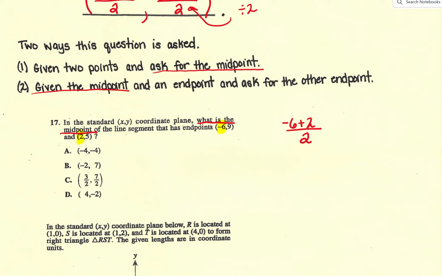And then we're going to take the two y coordinates and add them up and take half. So that would be 9 plus 5 and divide by 2. So if I take -6 plus 2 and get -4, -4 divided by 2 is going to be -2. Well, that tells me my answer is already B, and I don't even need to go any further.